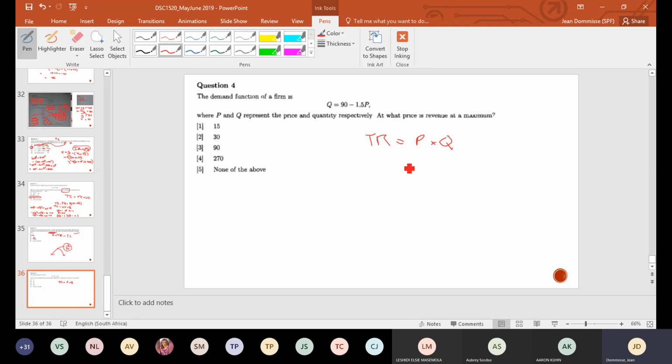So you basically need to work out, and here you can decide which one you want to do first. I would substitute Q there, so I would say P, 90 minus 1.5.